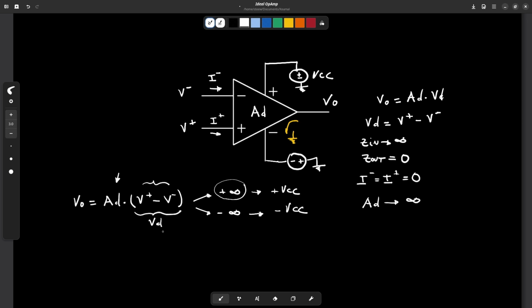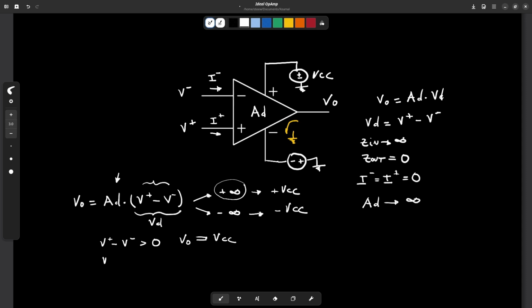So if V plus minus V minus is greater than 0, V out will be equal to VCC.